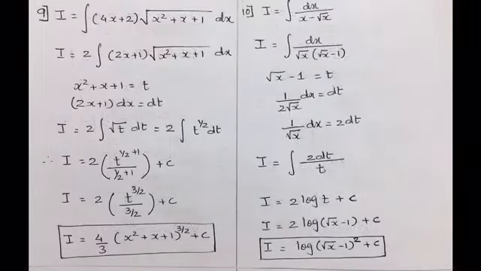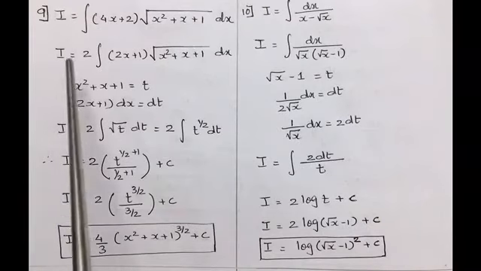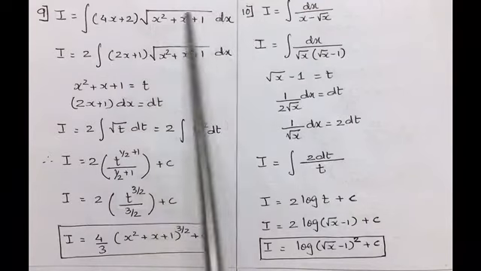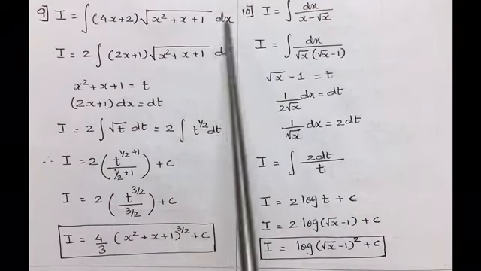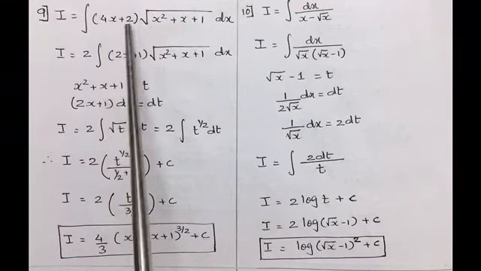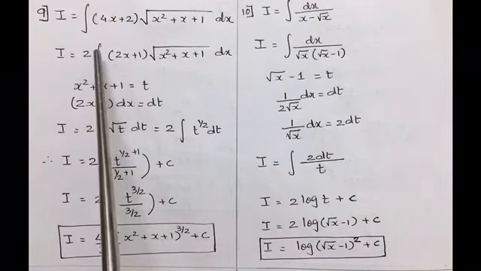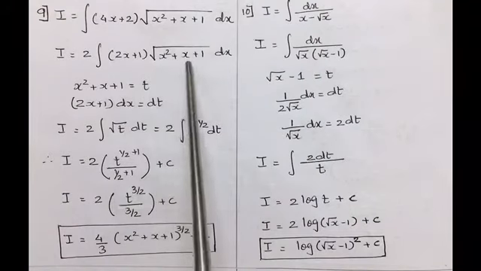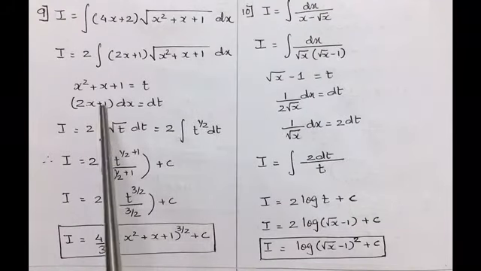Question number 9th is I is equal to integration 4x plus 2 under root x square plus x plus 1 dx. Now from 4x plus 2, 2 comes out common. Integration 2x plus 1 under root x square plus x plus 1 dx.